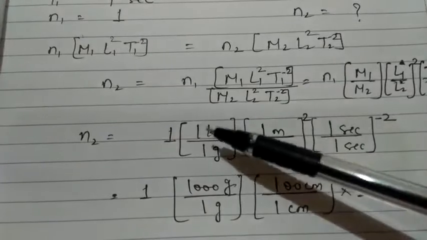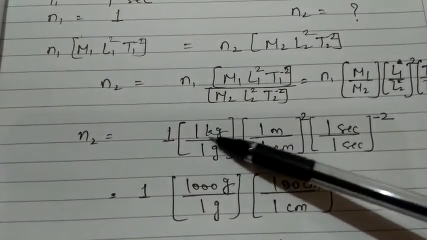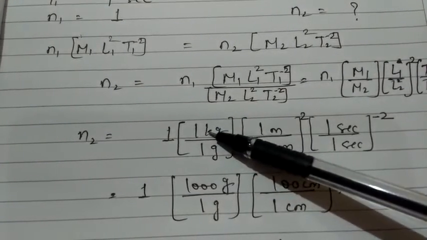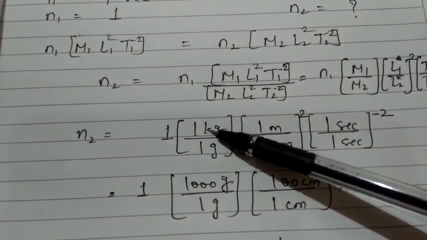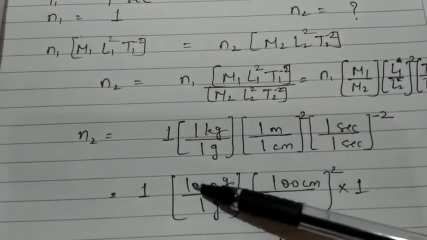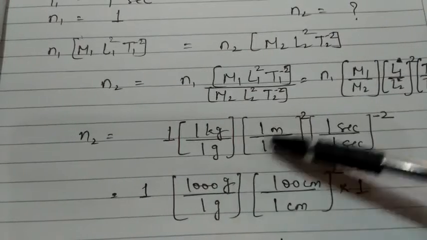Now this is the known quantity, so we will convert it in terms of the unknown one. Kilogram we write in terms of gram, so we get 1000 gram upon 1 gram.